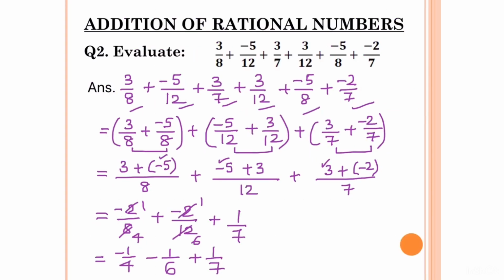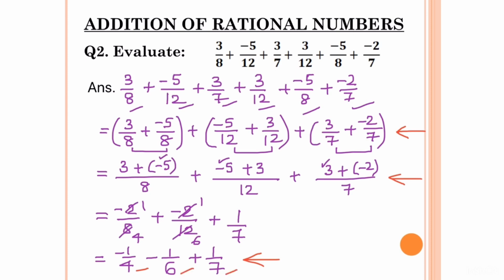Let us look at the sum again. In the first step, we grouped the rational numbers having the same denominators and we simplified it. After simplifying it, we got this expression. After that, we found the LCM of the denominators 4, 6 and 7.